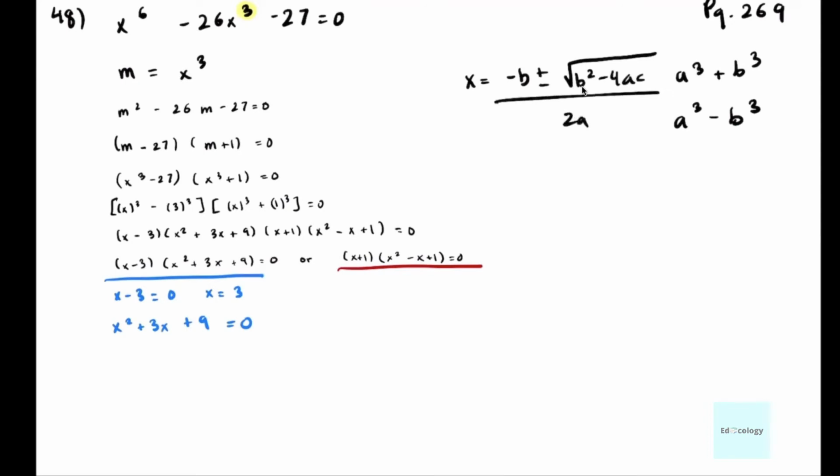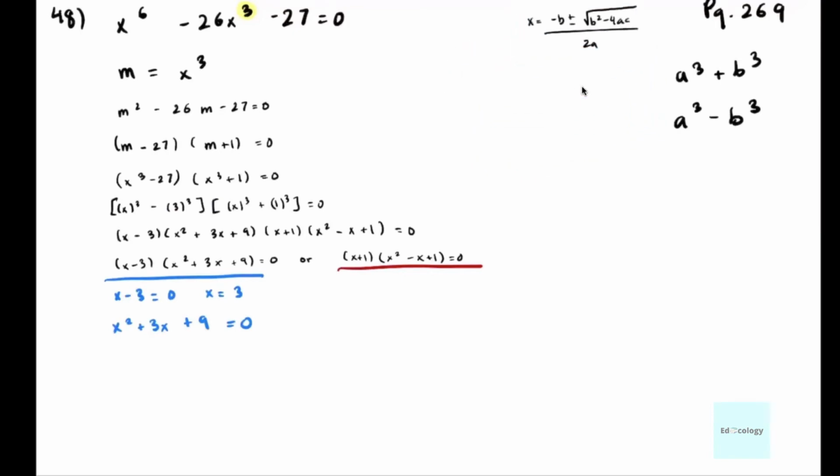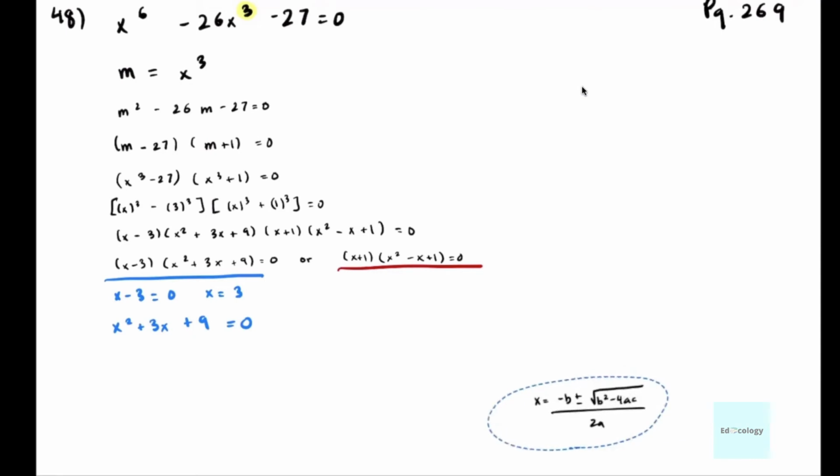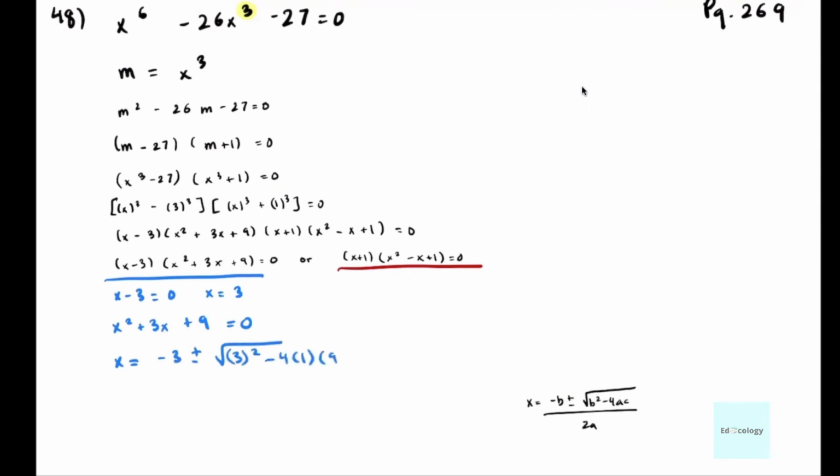Okay, this is the quadratic formula. So we're going to write our terms into that formula. So x is equal to negative 3 plus or minus the square root of 3 squared minus 4 times 1 times 9, and then over 2a, which is 2.